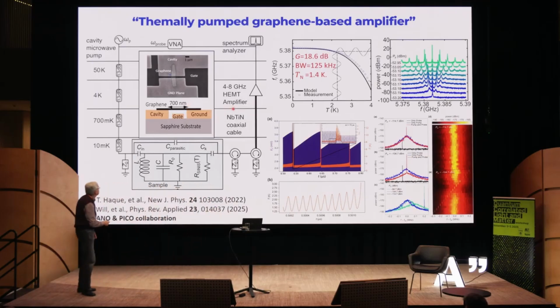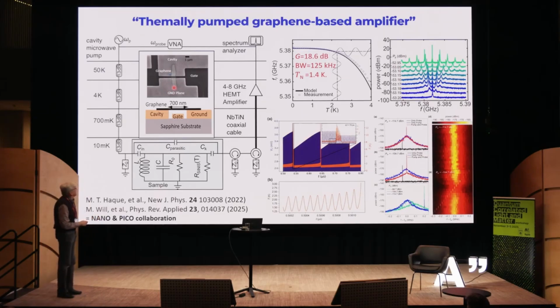So this is a graphene device which is on a superconducting cavity, so a microwave cavity. But in this case, this graphene device works as a very nonlinear resistor. And when you pump this cavity, so it's a regular LC circuit with this very nonlinear resistor in parallel, you get a thermal instability.